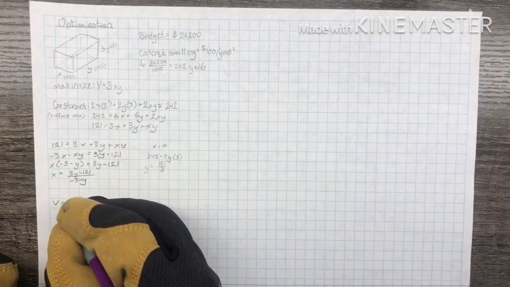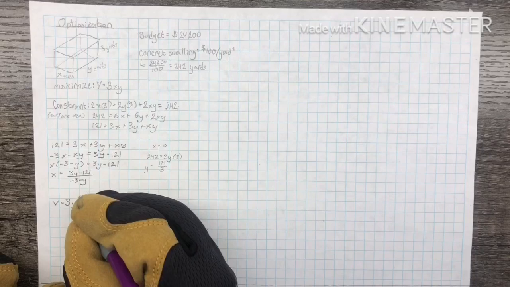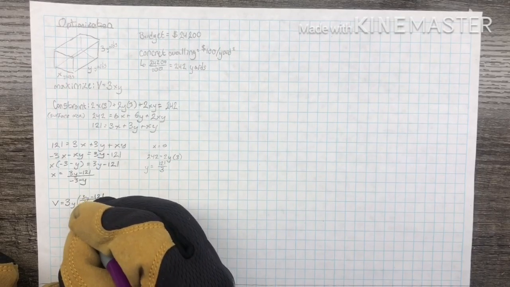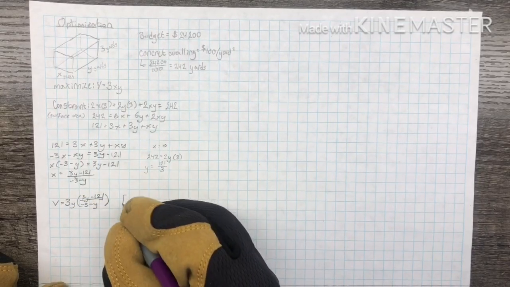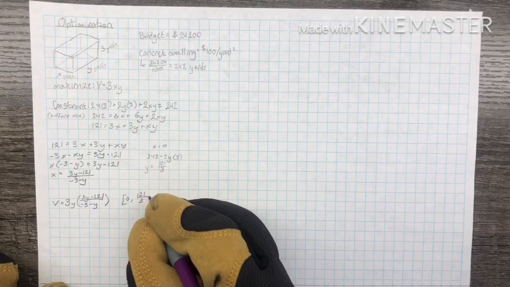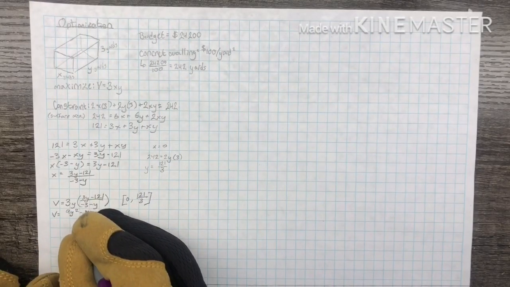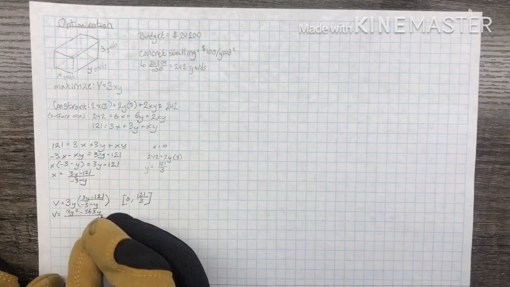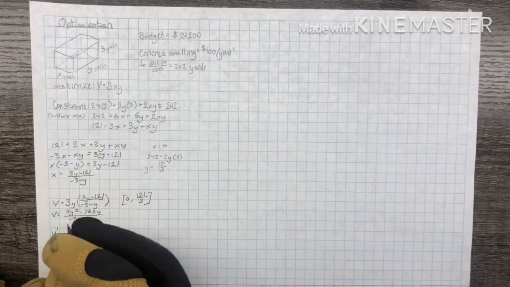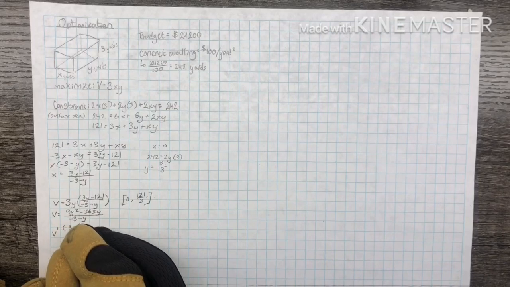Going back to our original equation that we wanted to maximize, the volume, we're going to plug in our x variable and solve it for 9y squared minus 363y over negative 3 minus y. Then we are going to take the derivative of that.